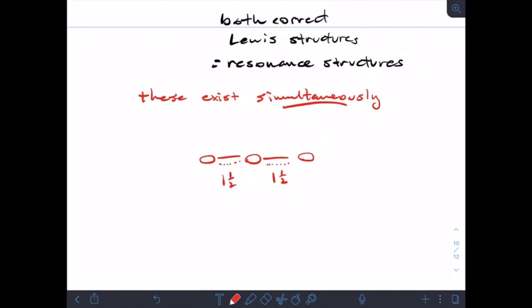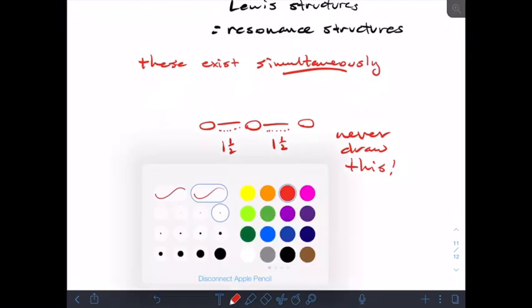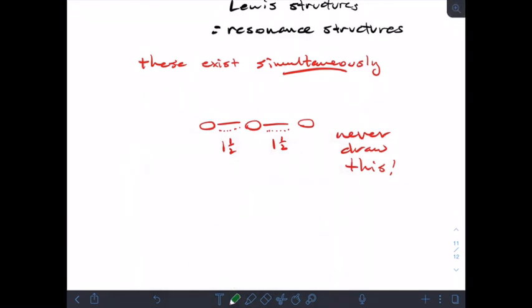So, if you're listening carefully, I hope you are, we never draw this. Okay? Understand that this exists, but never draw it when you're trying to draw Lewis structures. Okay? So, this sort of leads us into the next topic, which is bond lengths and bond strengths.